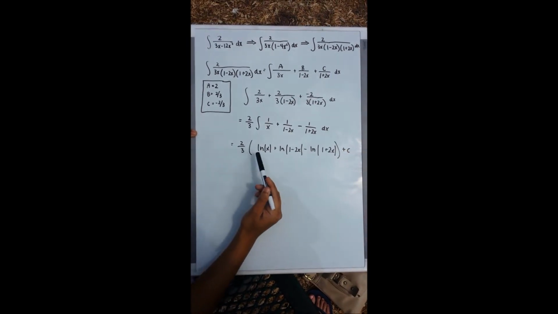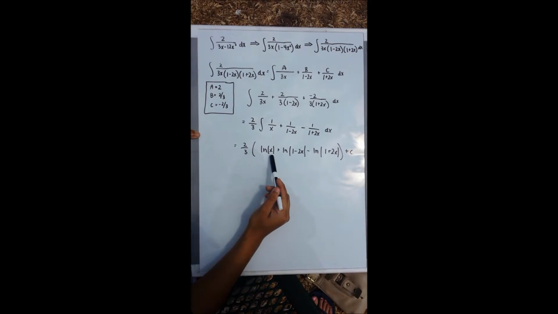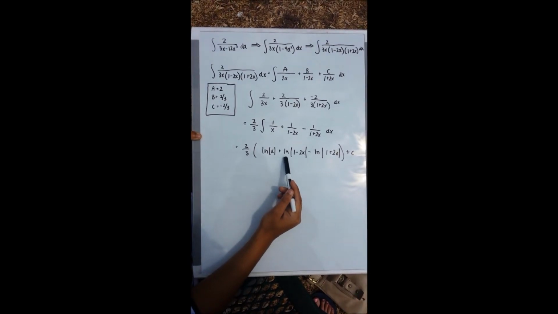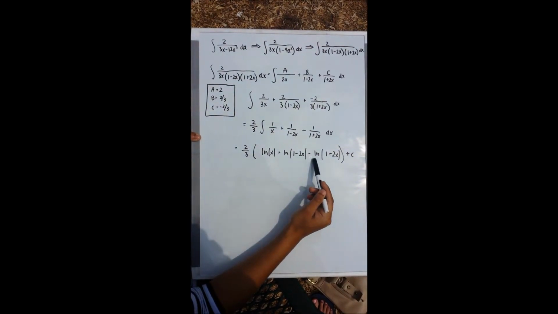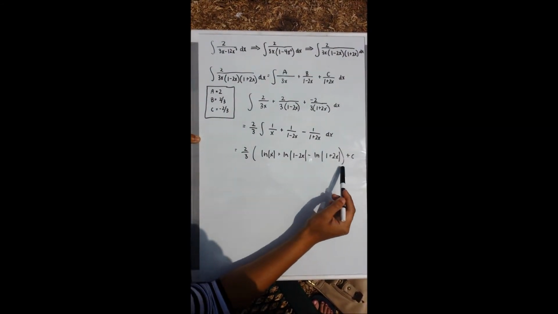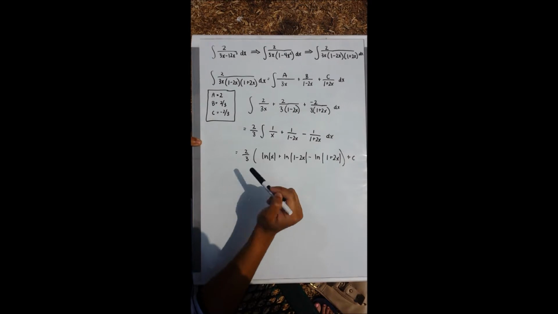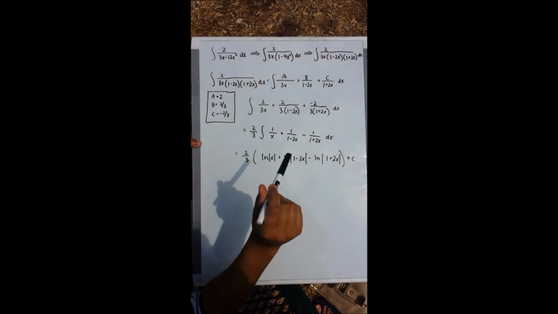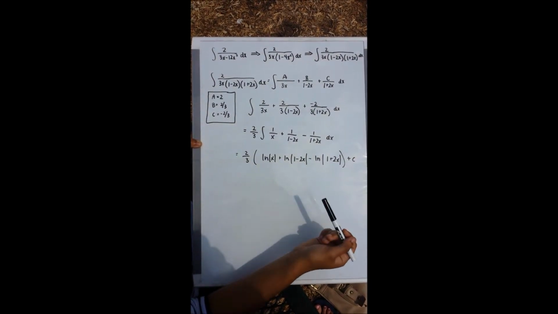So it's 2/3 times the natural log of the absolute value of x plus the natural log of 1 minus 2x minus the natural log of 1 plus 2x plus c. And these are all in absolute values because you can't take the natural log of a negative.